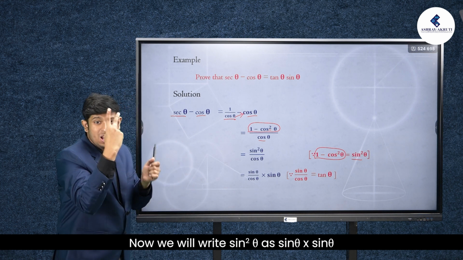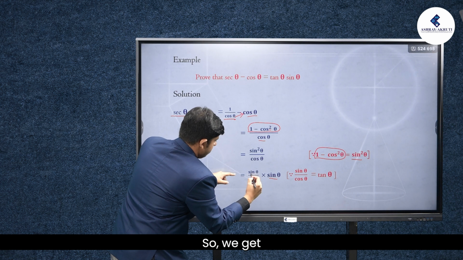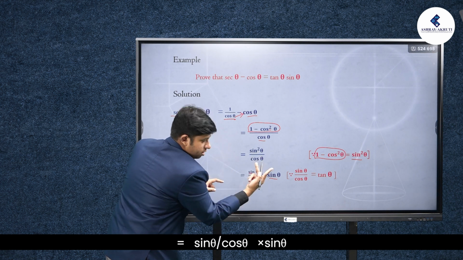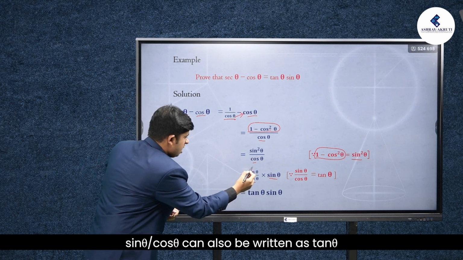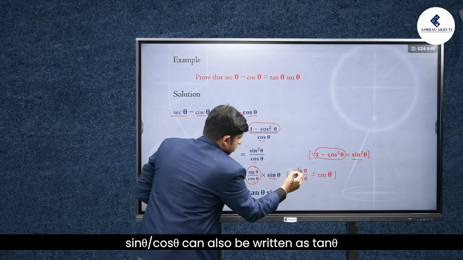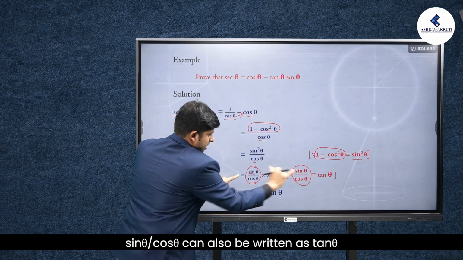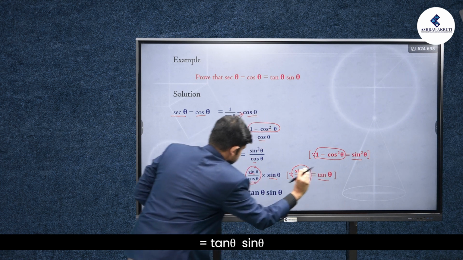Now we will write sin square theta as sin theta into sin theta. So we get sin theta by cos theta into sin theta. Sin theta by cos theta can also be written as tan theta. That is equal to tan theta into sin theta.